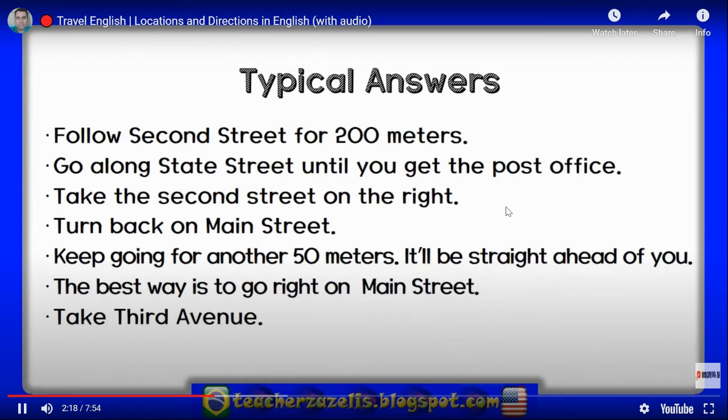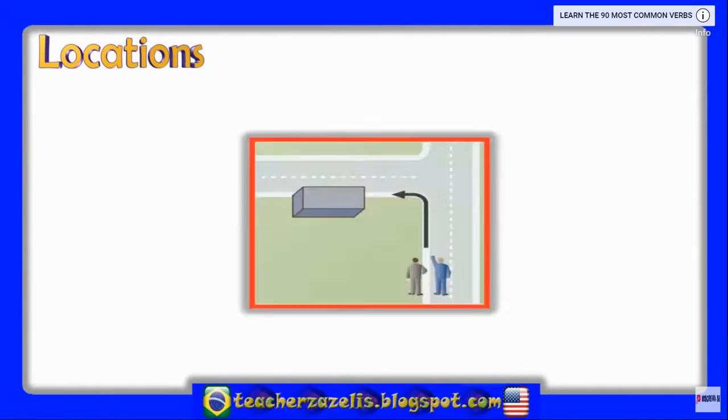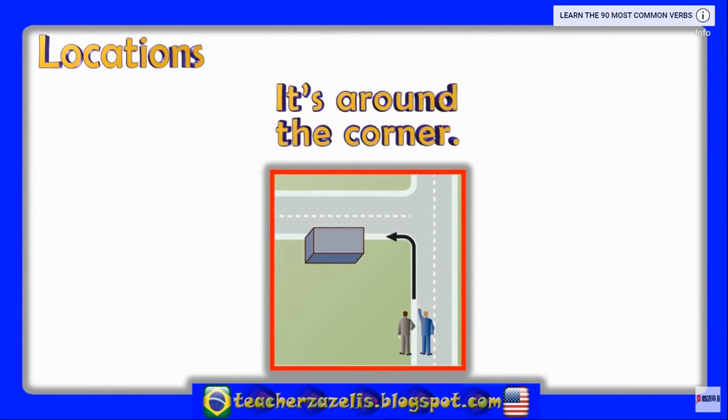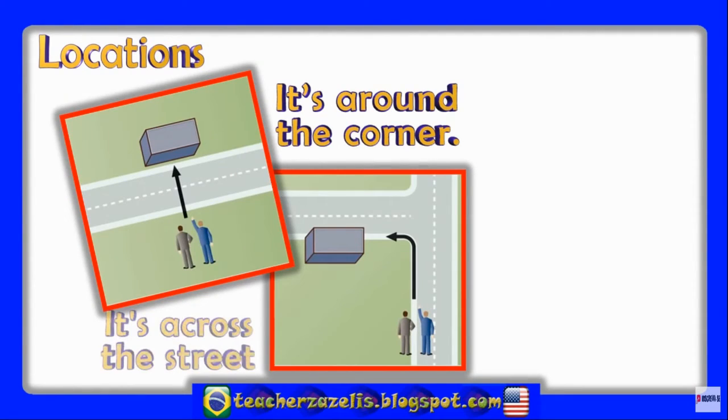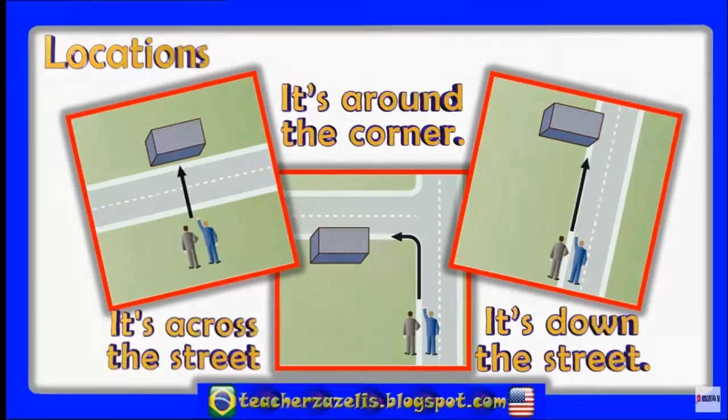On the right. Turn back on Main Street. Keep going for another 50 meters. It'll be straight ahead of you. The best way is to go right on Main Street. Take 3rd Avenue. Locations. It's around the corner. It's across the street. It's down the street.